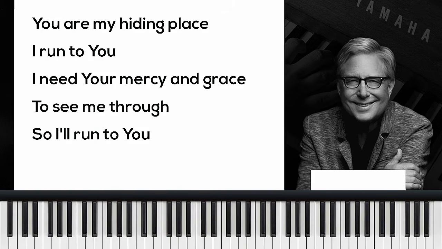After you've gotten the key, the next thing you want to do is write up the lyrics of the song the way it was sung. For instance, for the song Hiding Place by Moen, as you can see on the screen, I've already outlined the song the way he sang it. You are my hiding place, line 1. I run to you, line 2.